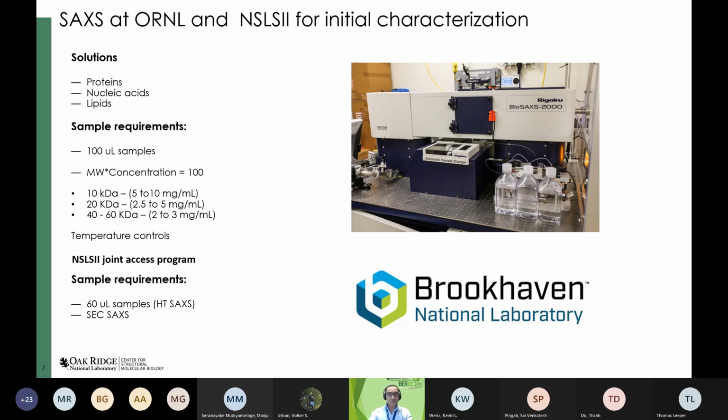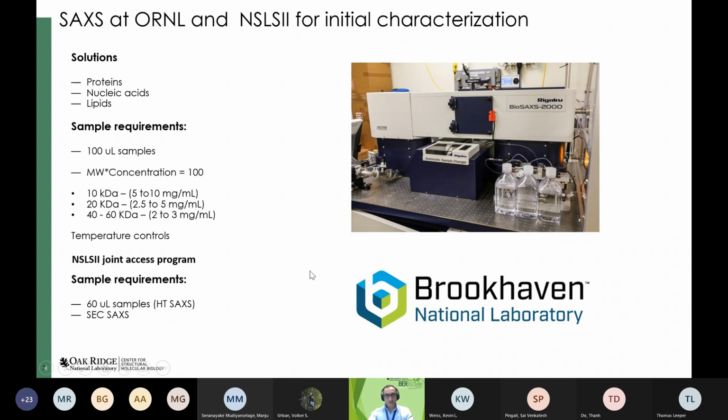For those samples, probably 2 to 3 hours collecting data for sample and buffer will give you good quality data. If you increase the molecular weight, then your concentration can be even lower. And those concentrations are close to what we can measure in the SANS as well.